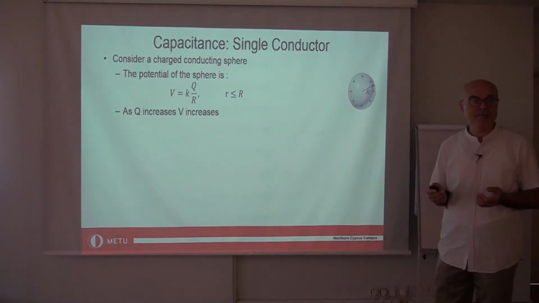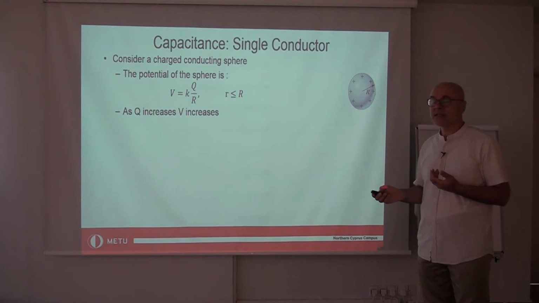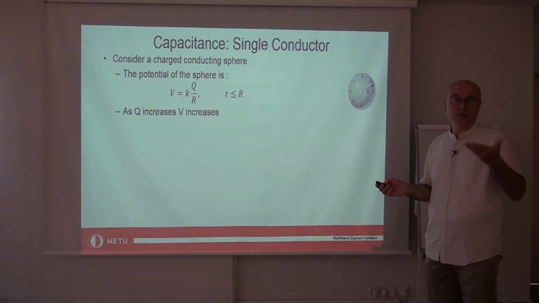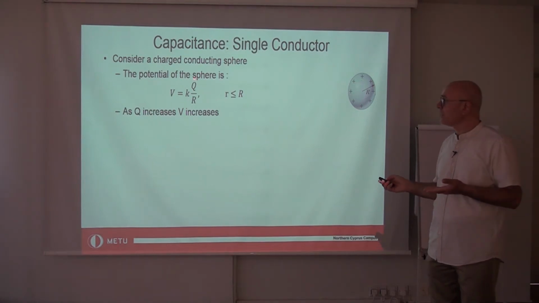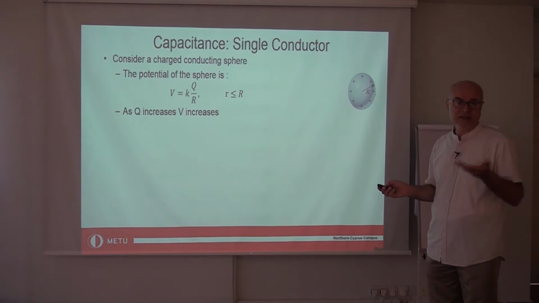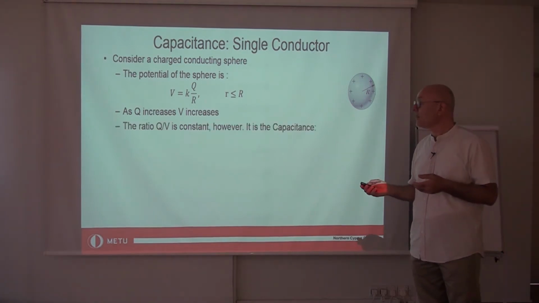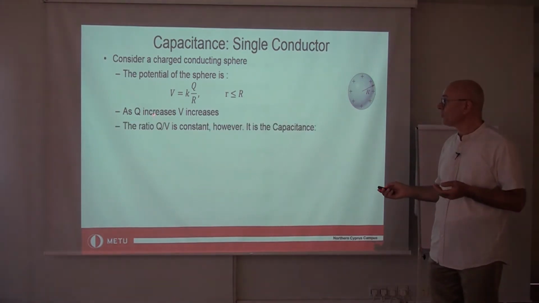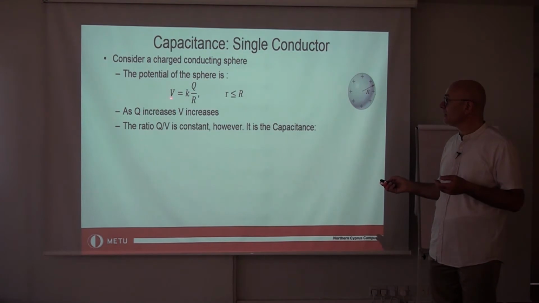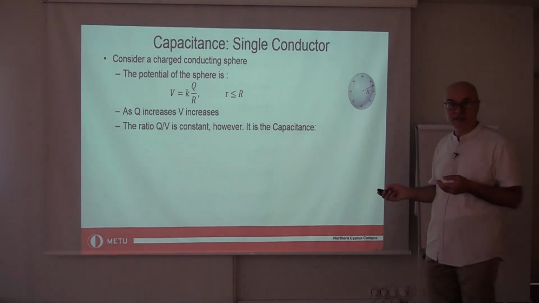Now, from here, as you can see, the more charge you put on the sphere, the larger is the potential. So as you increase the charge, the potential also increases. But the ratio between the charge and the potential is constant.